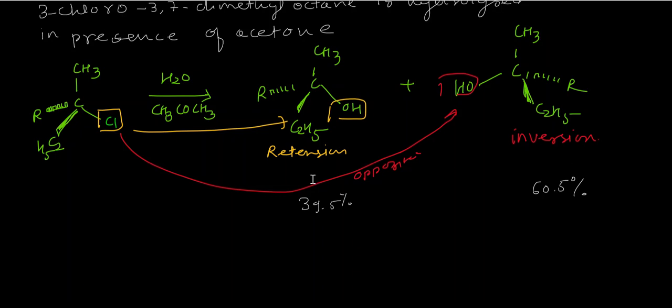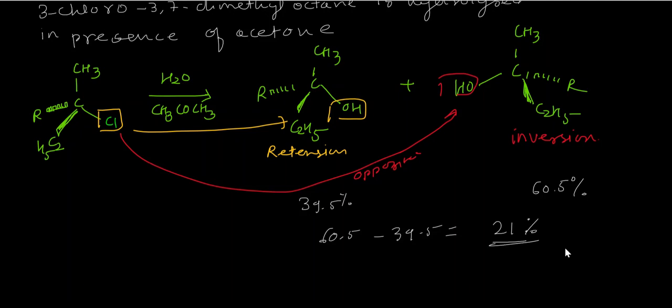So now here it is, when this 3-chloro 3,7-dimethyl octane is hydrolyzed in presence of acetone, there is a 21% excess of product formed. See the difference. How that 21%? If you subtract 60.5 minus 39.5, it is almost 21%.